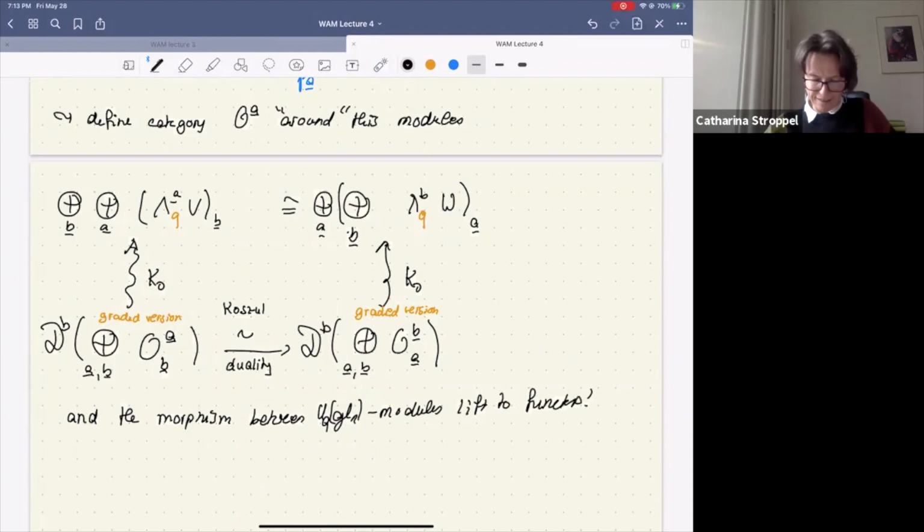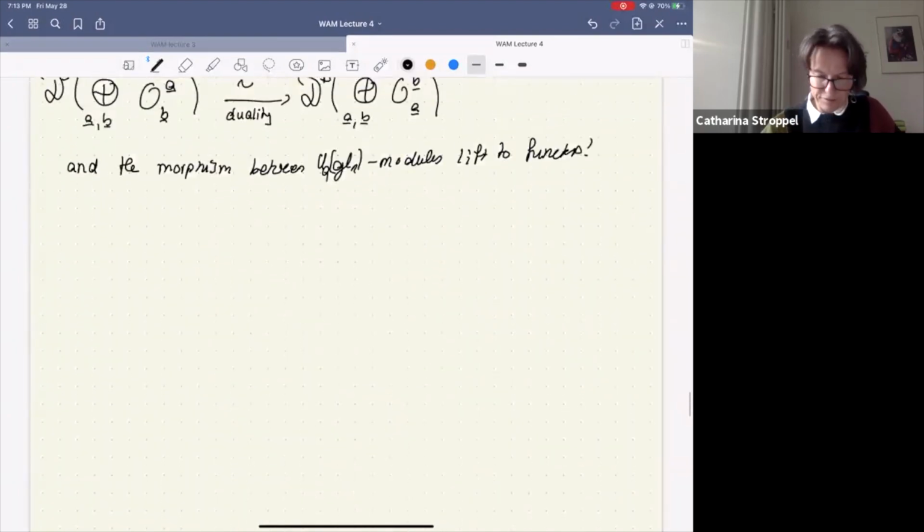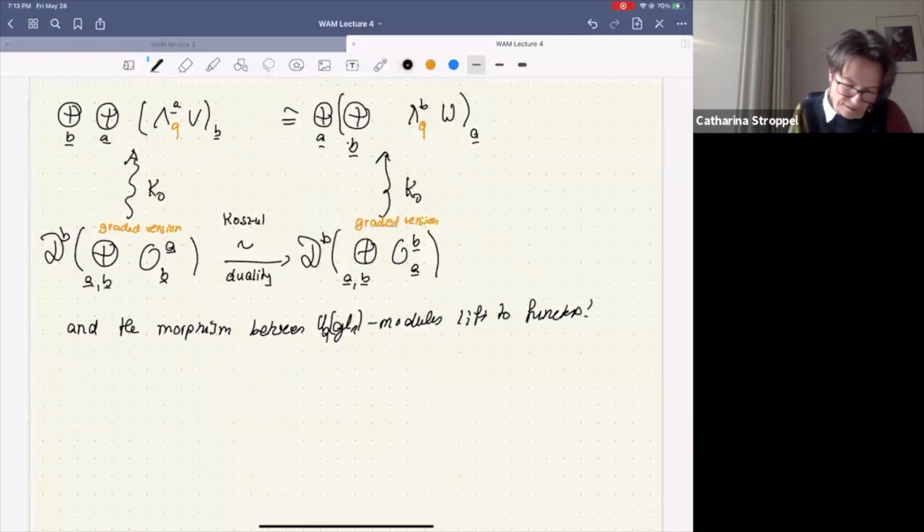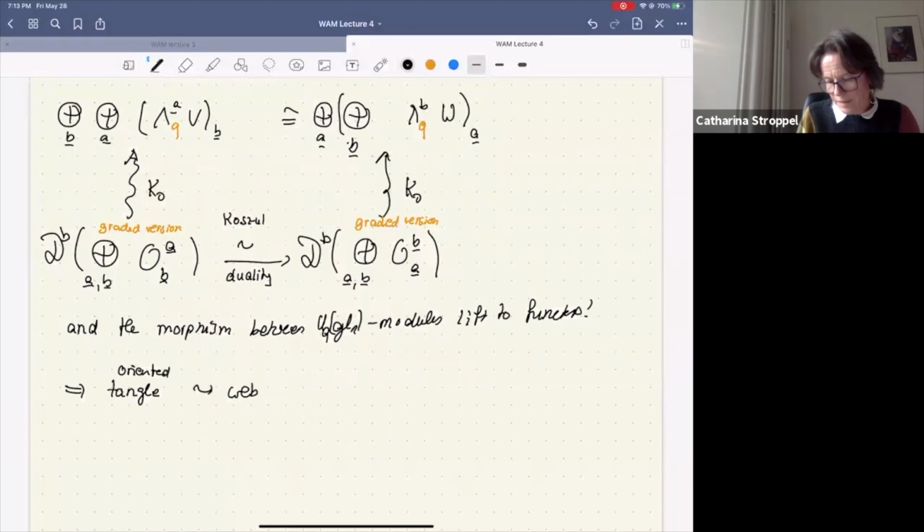So what we have at the end is the following. What we get is, given a tangle, an oriented tangle, what we assign to it is a web, and what we assign to this is a morphism of UQ GLN modules, and then we assign a functor.